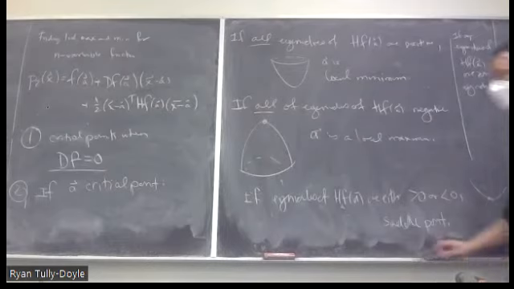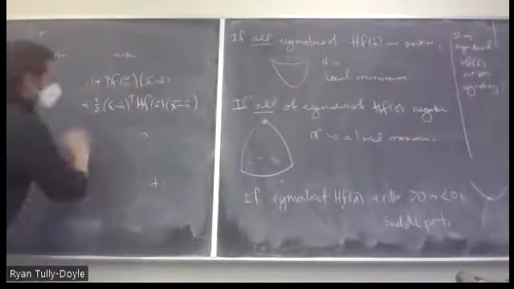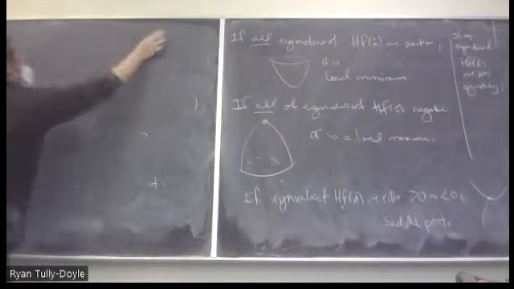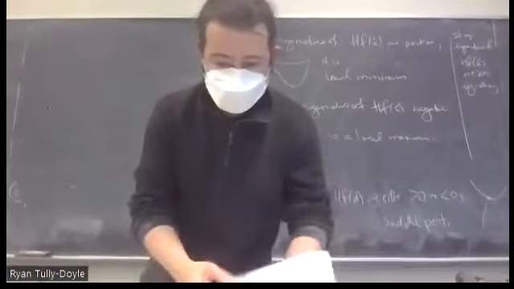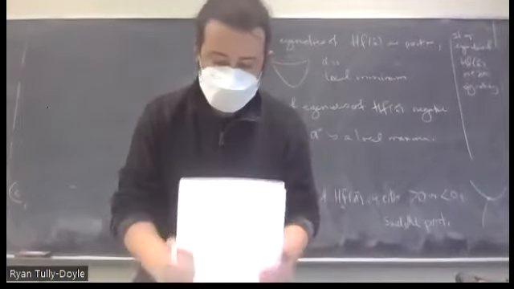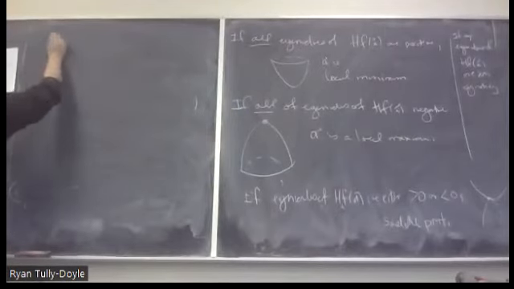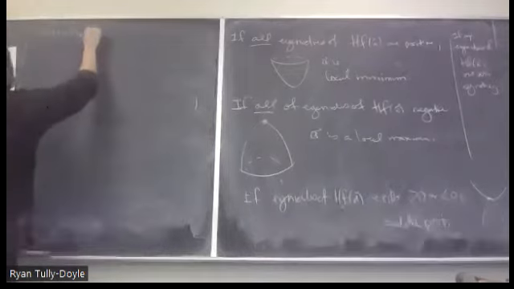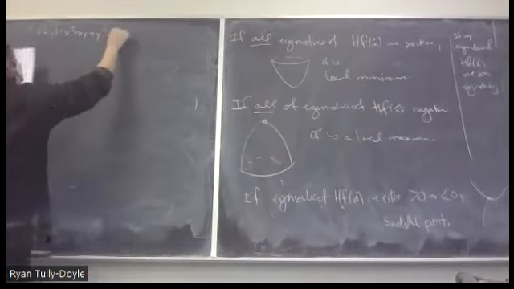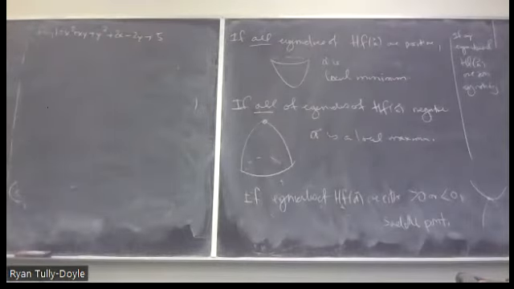So let's do an example, top to bottom, of how to do this. Okay, so let's look at f of x, y equal to x squared plus xy plus y squared plus 2x minus 2y plus 5. Any idea what that surface is, by the way?